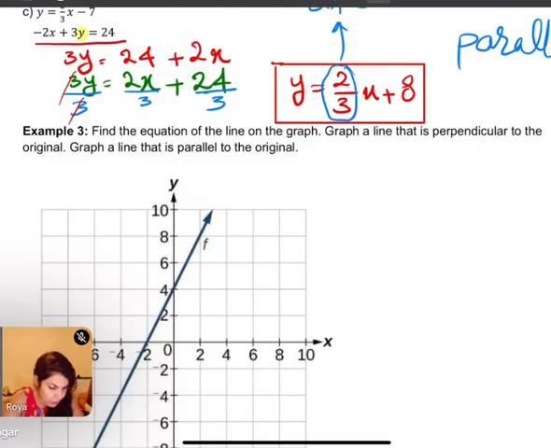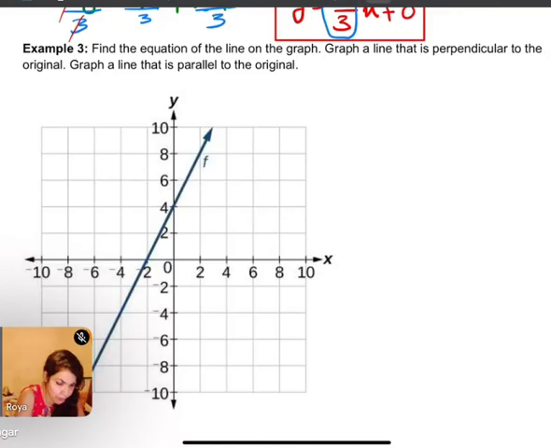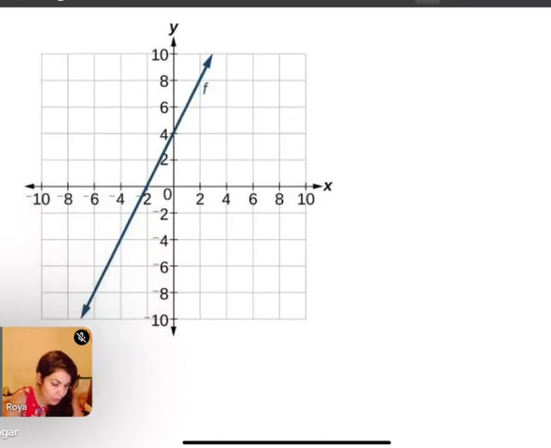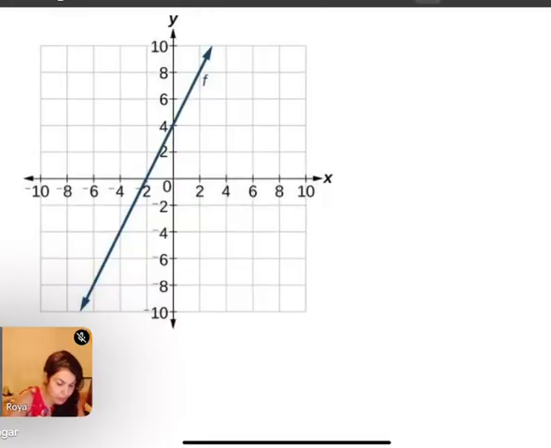Find the equation of the line, this question. Find the equation of the line of a graph. Graph the line that is perpendicular to the original. Graph the line that is parallel to the original. Okay, in order to find the equation of a line, we start with one point on a graph.